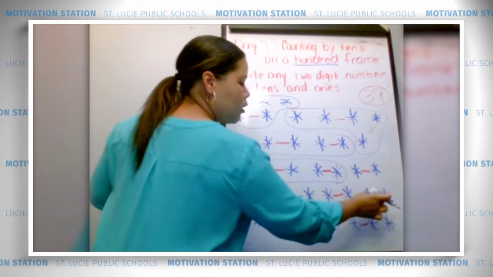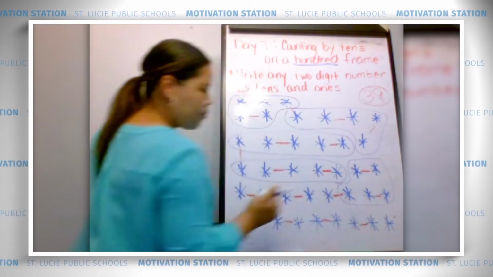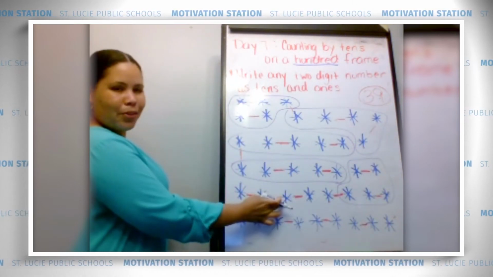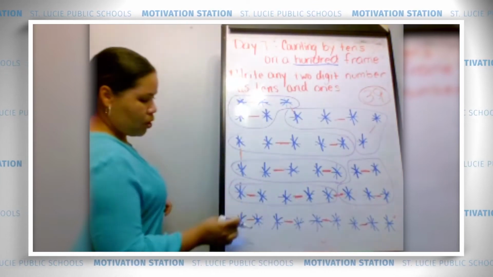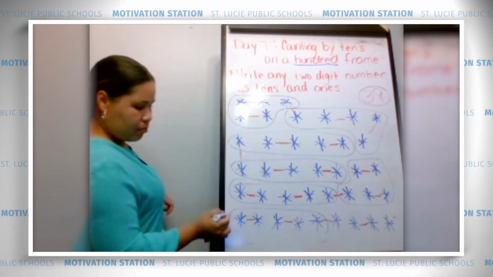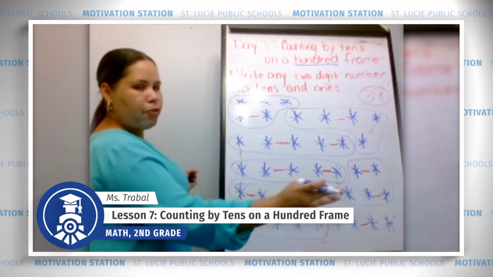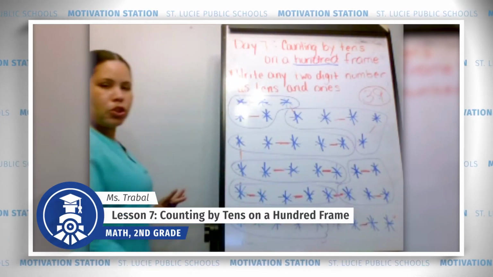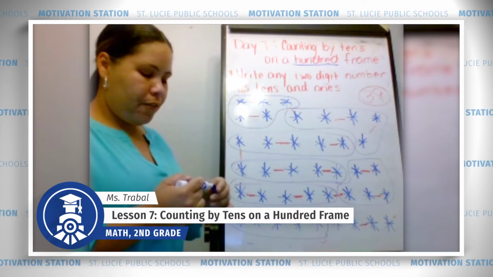1, 2, 3, 4, 5. 1, 2, 3, 4, 5. 1, 2, 3, 4, 5. 1, 2, 3, 4. Oh, 4. So I'm not going to group those just yet because I don't have enough to make 5.